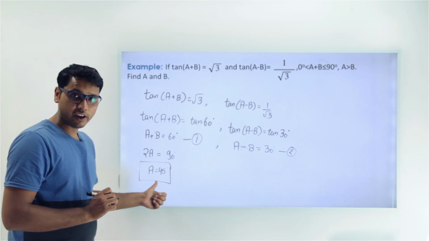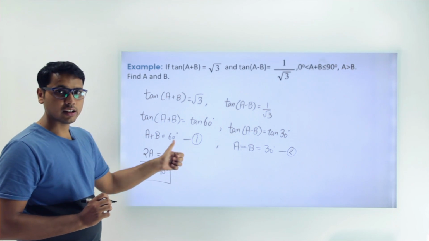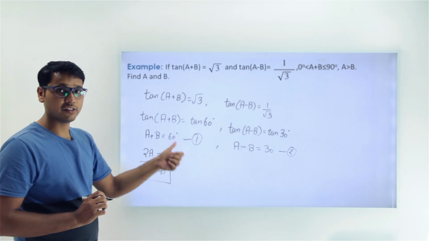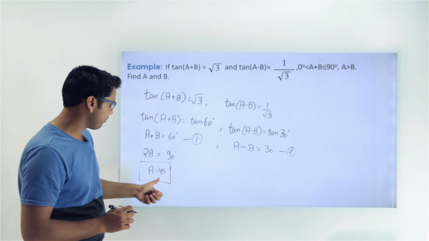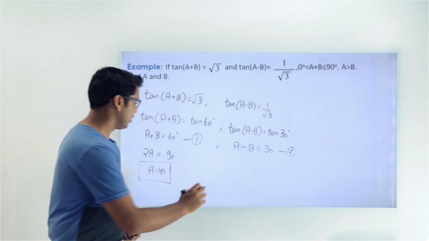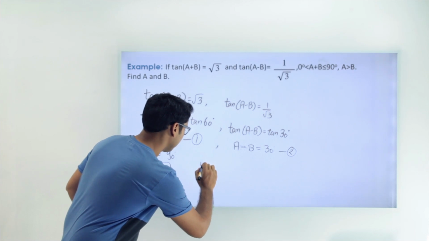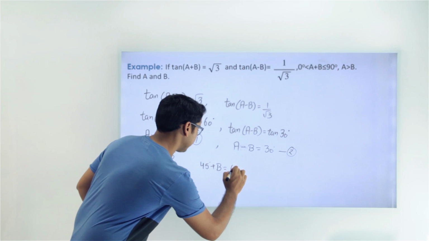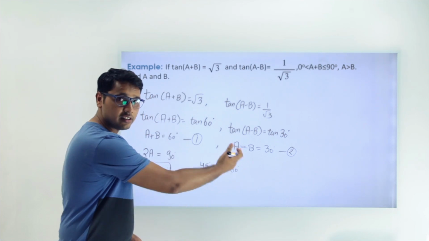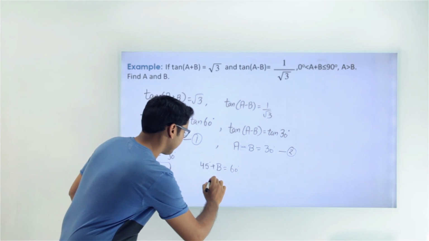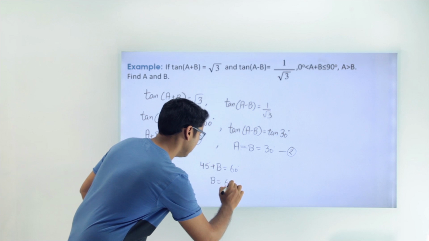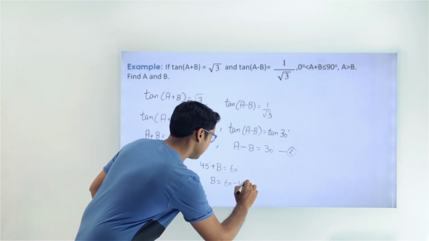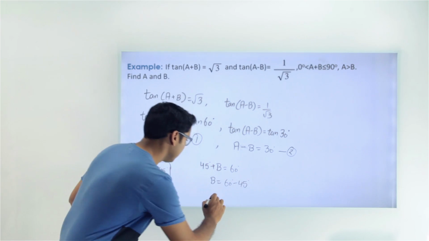Put the value of a in any of the equations, either 1 or 2, and get the value of b. So I am putting it in equation number 1. So this will be 45 degrees plus b equals 60 degrees. Take 45 to the right hand side and we get b equals 60 degrees minus 45 degrees.